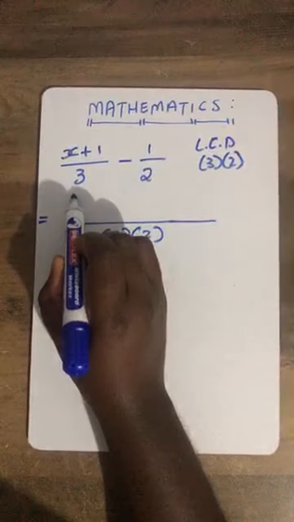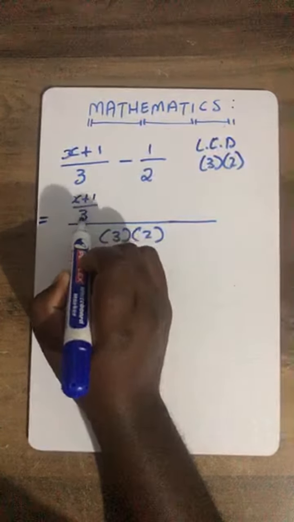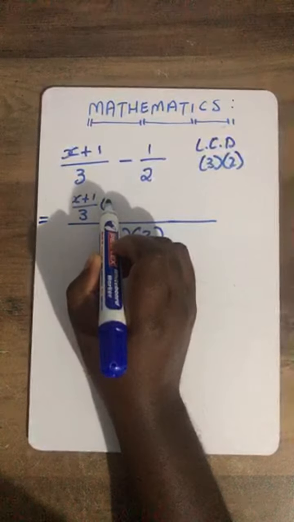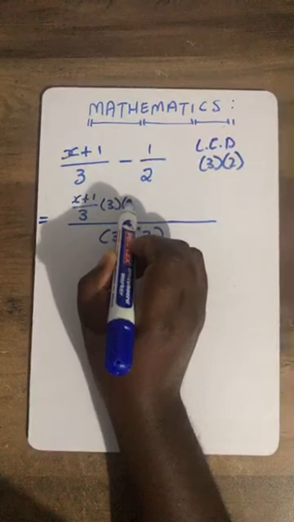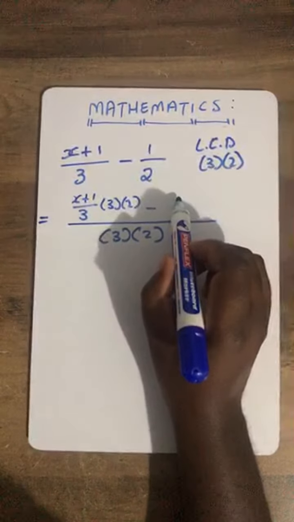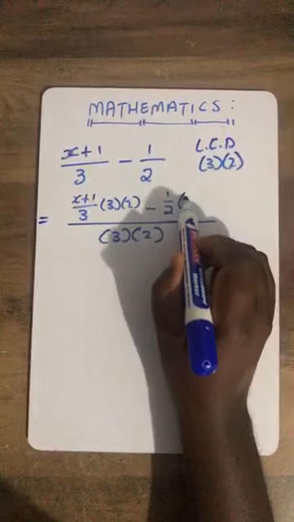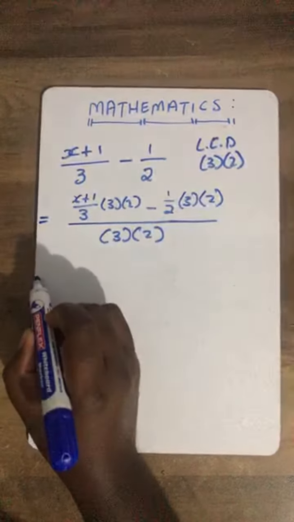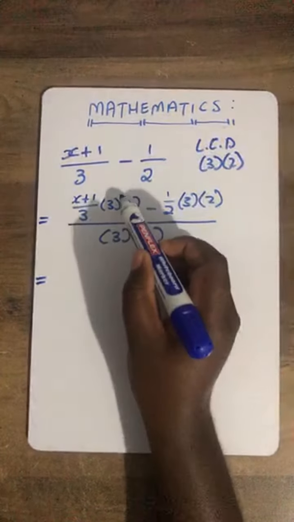It is actually that x plus 1 over 3 that you must multiply by 3 and also that 2, minus you have that 1 over 2 that you must multiply by 3 and also that, which is your LCD.